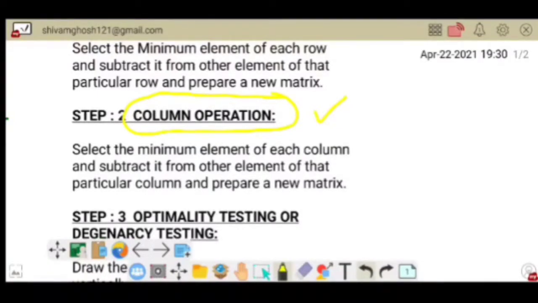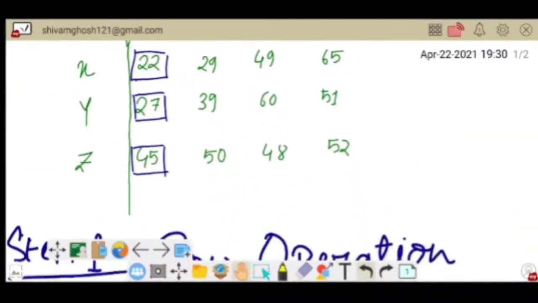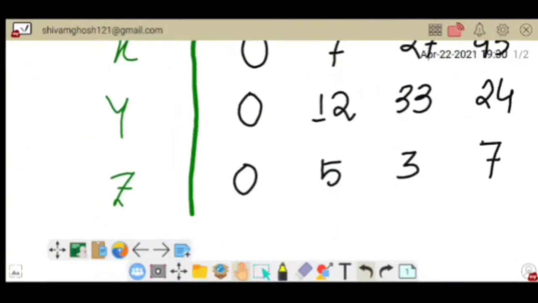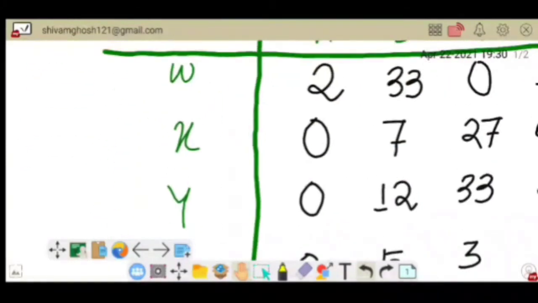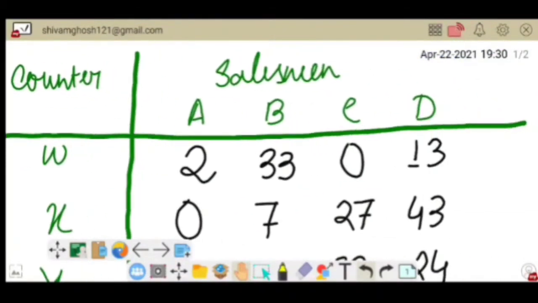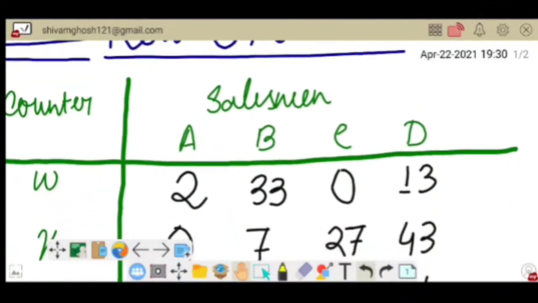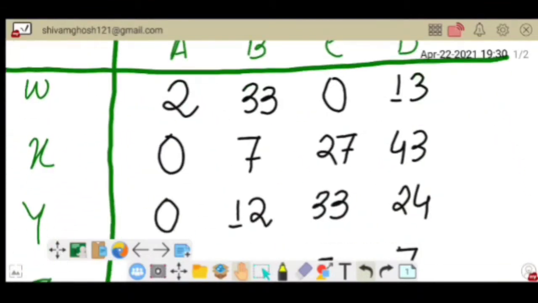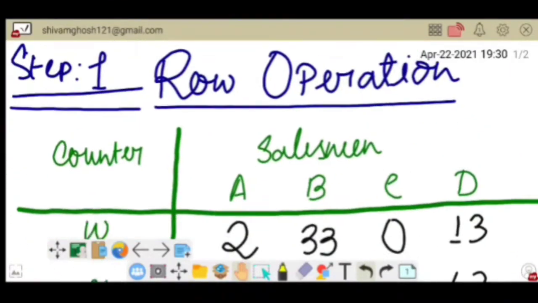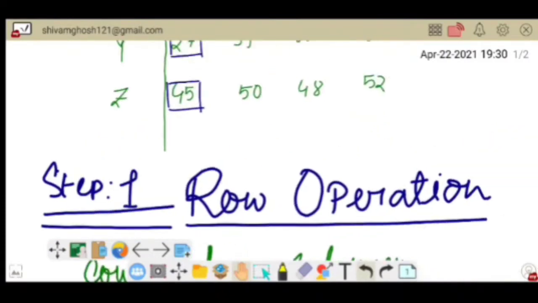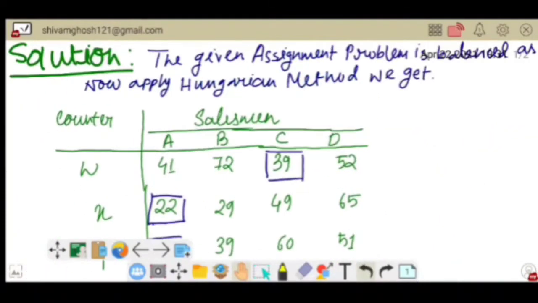So in step 2, we select the minimum element from each column, and it will be deducted from our step 1 matrix, not from the previous matrix.